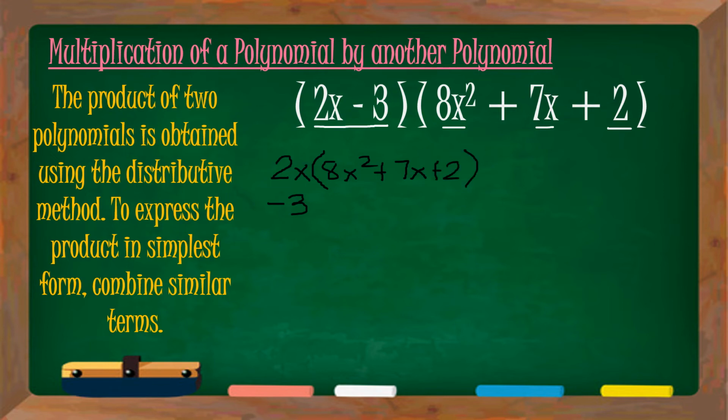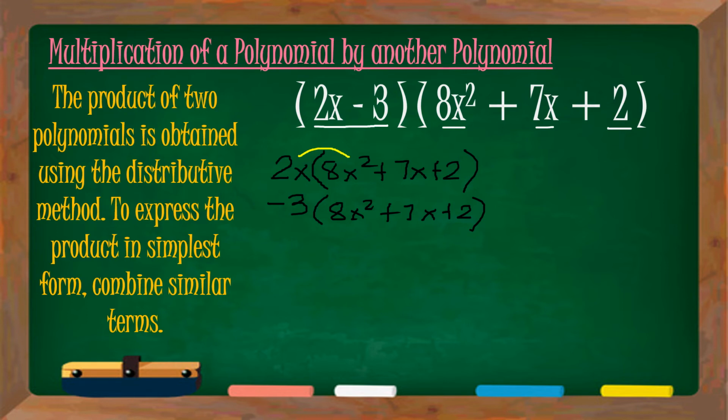Ganon din si negative 3. I-multiply din siya kay 8x squared plus 7x plus 2. Okay, now, let's multiply. Let's multiply by each term. So, start tayo kay 2x times 8x.